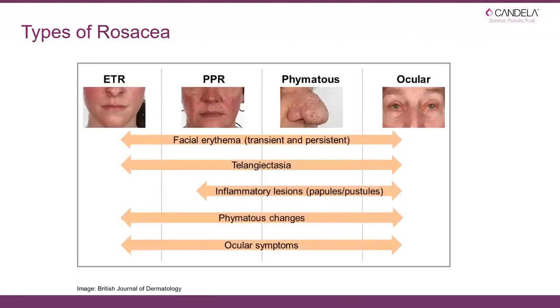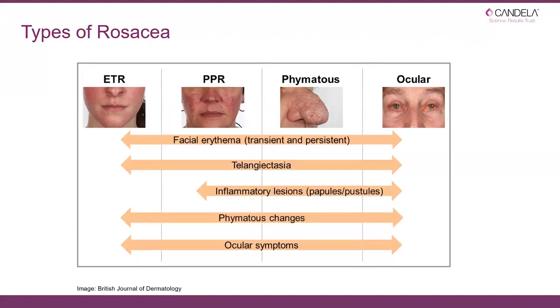So there are different types of rosacea. We can go from the milder form on the left-hand side, and then progress through more and more chronic versions of this condition.